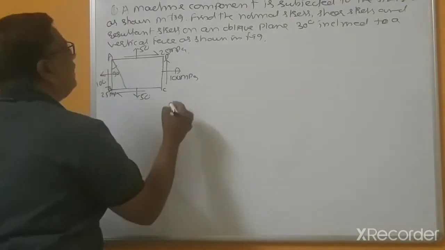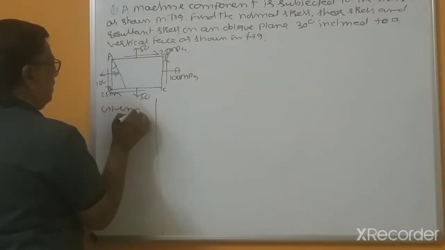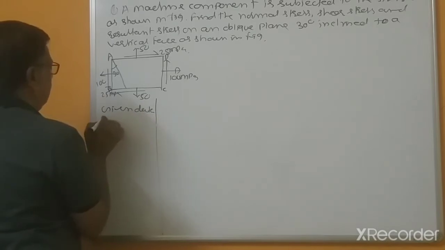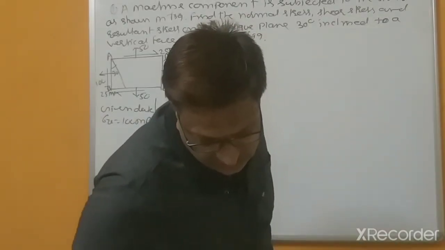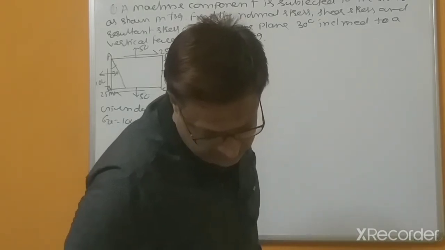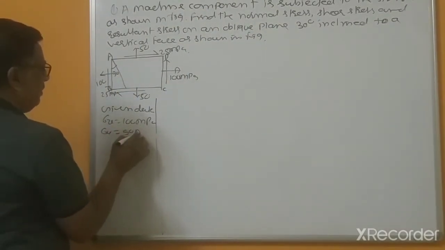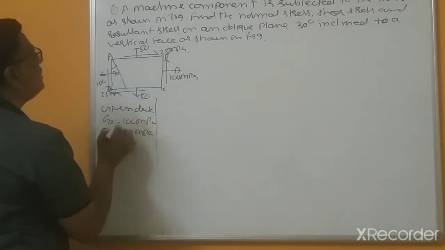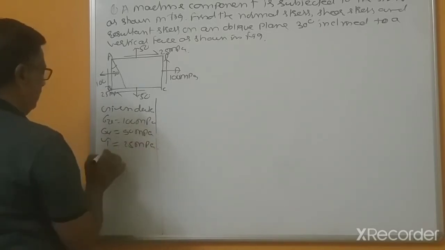So here's the given data. Sigma x equal to 100 megapascal, sigma y 50 megapascal, shear stress, this is towards right side, so that's why 25 megapascals positive, theta equal to 30°.